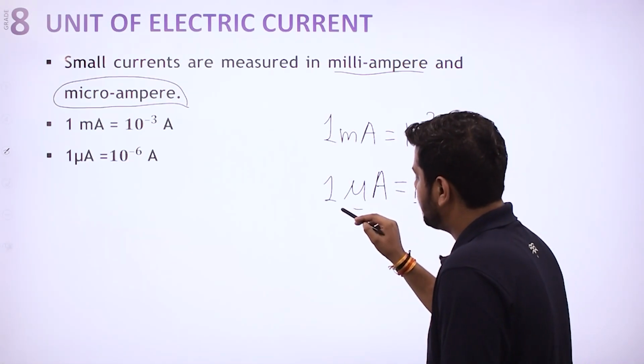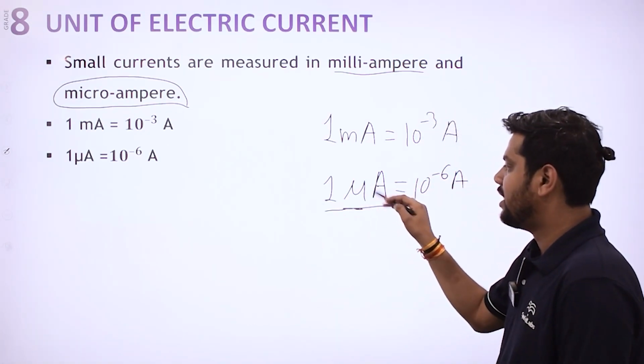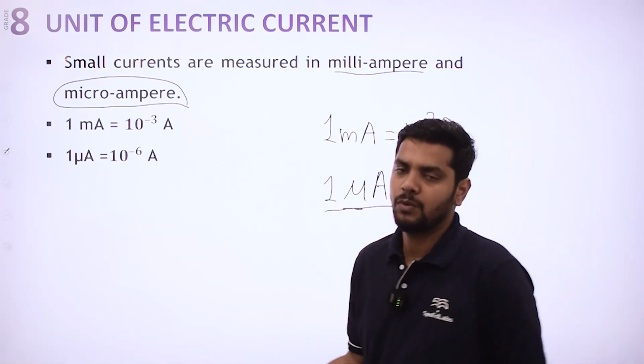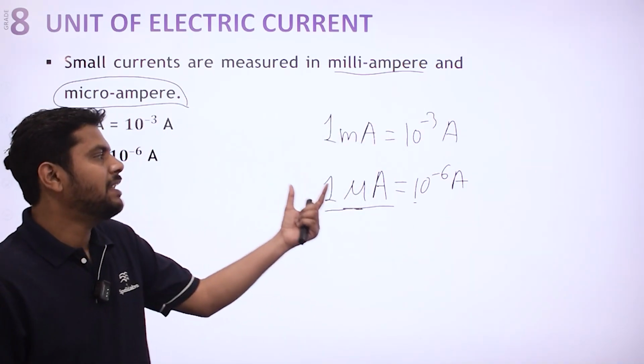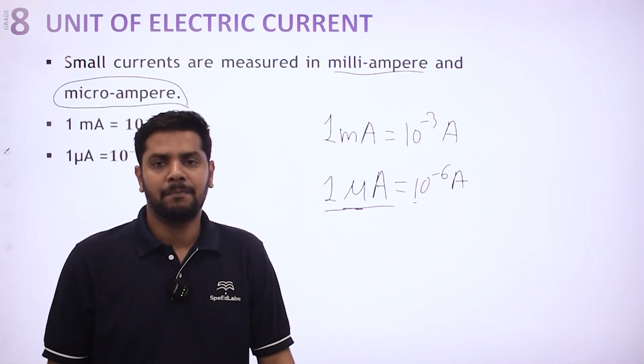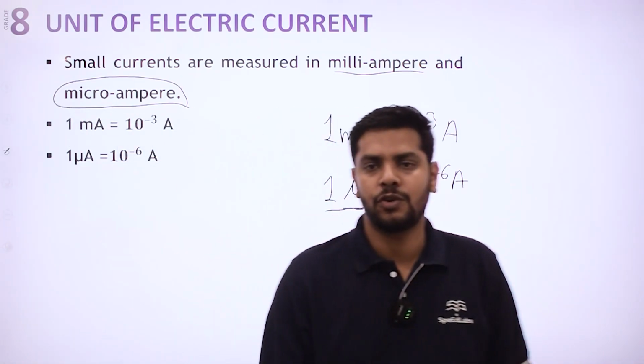For now you can also think of it as a cursive writing U, but it is actually mu. So micro is 10 to the power minus 6, milli is 10 to the power minus 3 ampere. These are some unit conversions of smaller units which you should know.